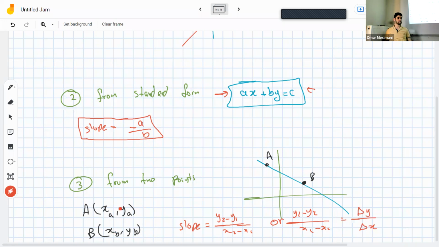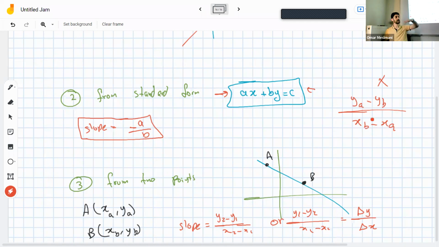I don't care if you choose B minus A or A minus B, but I do care about doing this: Ya minus yb over xb minus xa. That's a mistake. That's wrong. Okay, why is it wrong? Because here we start from AB, and here I start from BA.